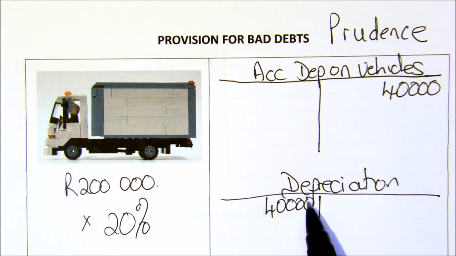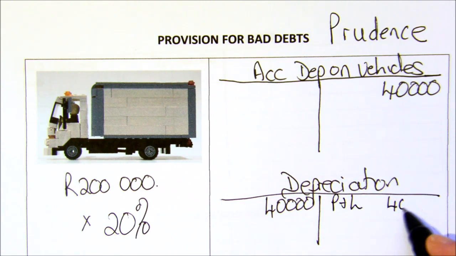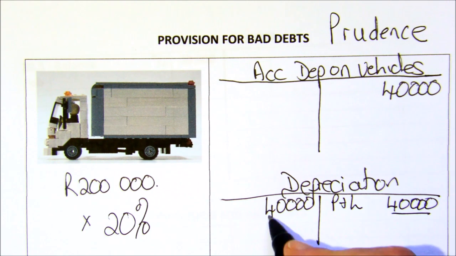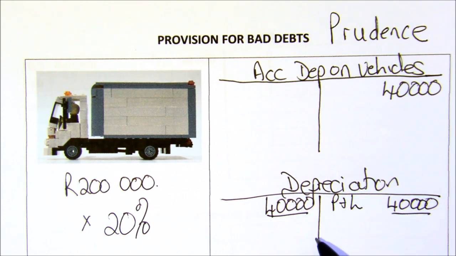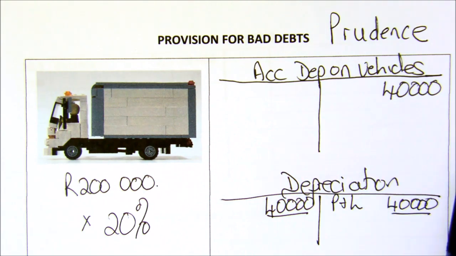This depreciation account is an expense for this year, and so you would close off the 40,000 to the profit and loss account, and that means it'll reduce your profit from this year. Another way of looking at this is that we're converting this asset into an expense. The vehicle is losing value, and that loss in value is becoming your expense.